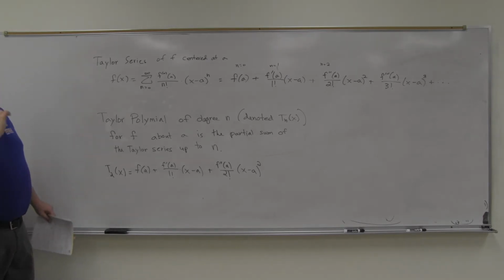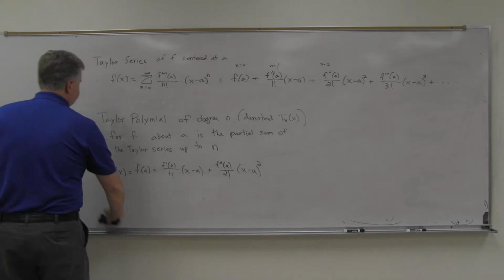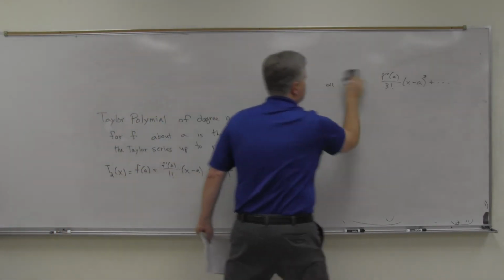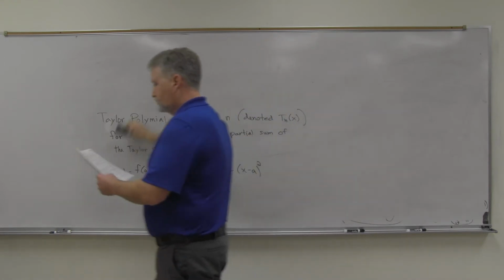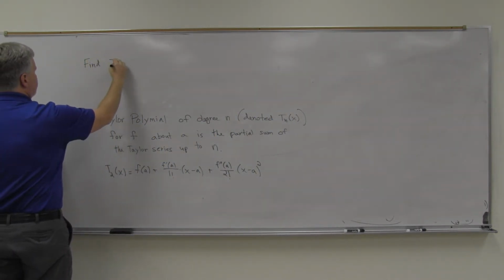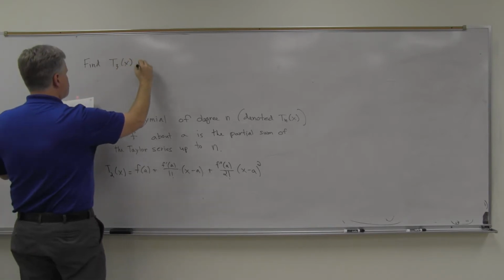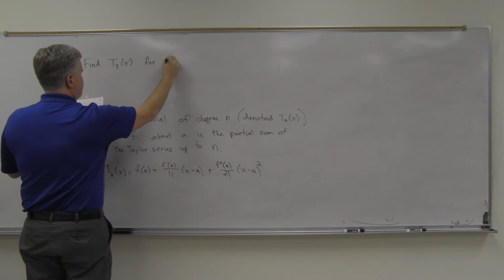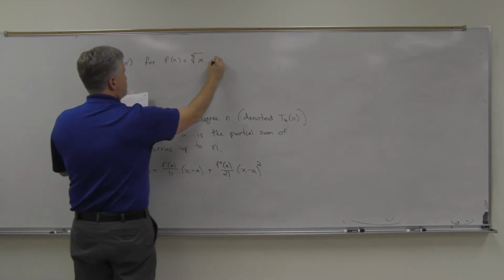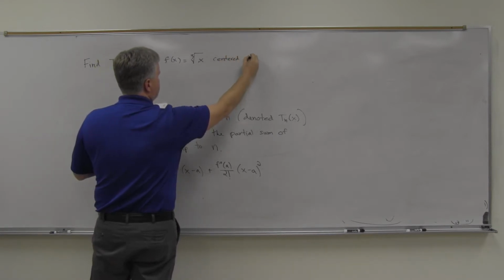All right, so let's do one specifically. So let's find T3 of x for f of x equals the cube root of x centered at a equals 1.